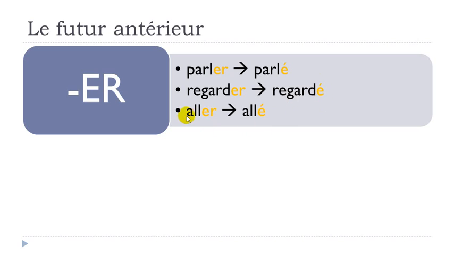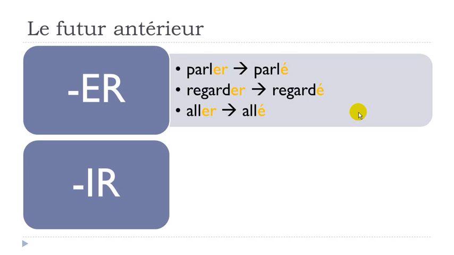Okay, and even this aller verb, it doesn't belong to the first group because it's quite tricky when you come to conjugate it. But even this one is quite easy for this participe passé form because it's accent aigu like that. Okay, so all these verbs from the first group will become parlé, regardé, allé for the participe passé form.